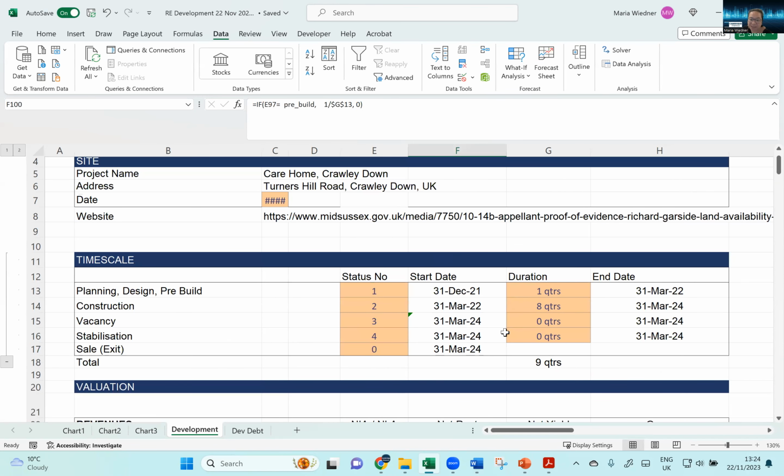So for example, if you don't sell it straight away, because here the assumption is that you have 3 months for pre-planning, 2 years for development and sale. And then what happens if your sale doesn't come after you build it? There's a sales period. Then what is going to be the impact on your IRR?